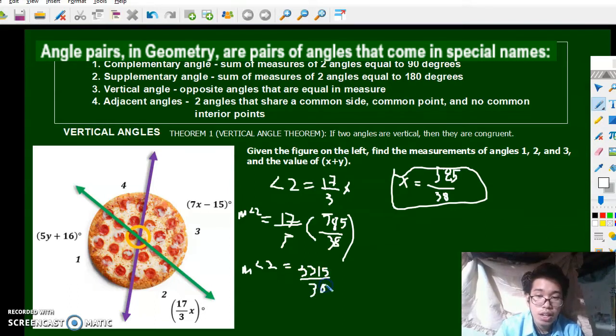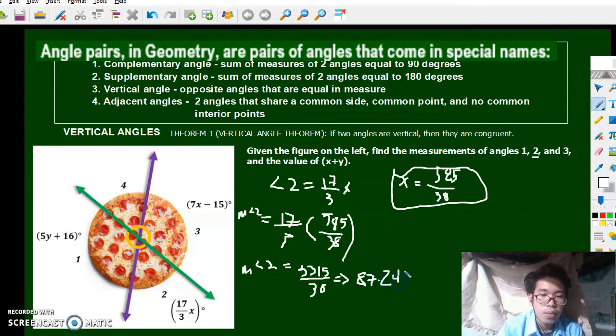And since it's one of the angles that we are trying to find, we have to transform it into a decimal. If it's transformed into a decimal, we get 87.24. So the measurement of angle 2 is 87.24 degrees.